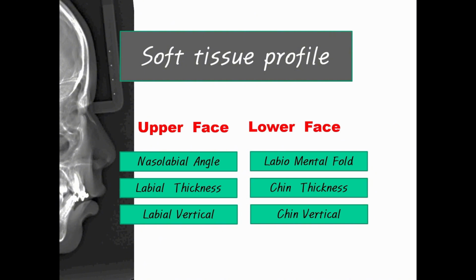So I divided it into three different characteristics in the face. So the upper face is here, okay? And this is the lower face. So in the upper face, everybody understands what the nasolabial angle is.